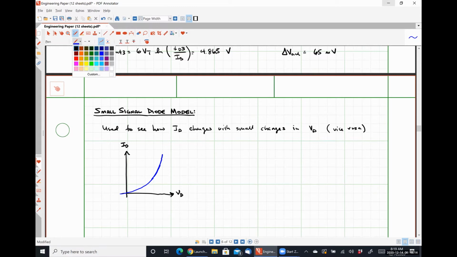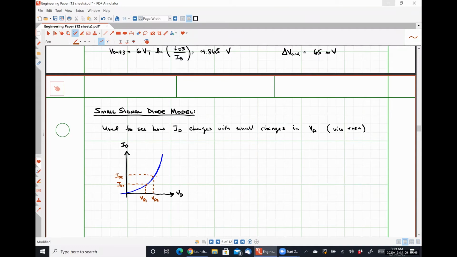So I'm going to call this point VD1 and this point VD2, and there is a corresponding ID1 and ID2.